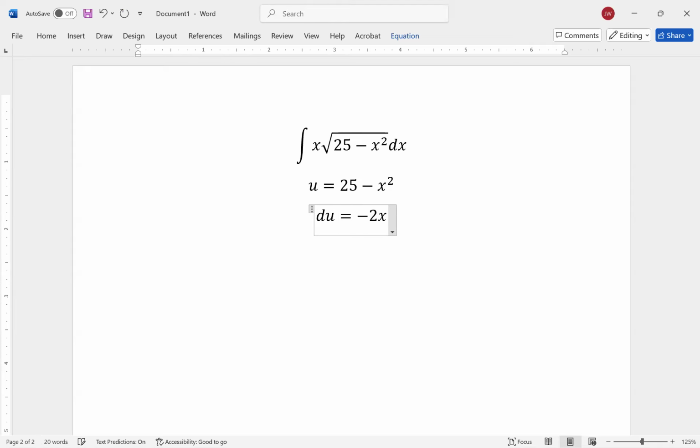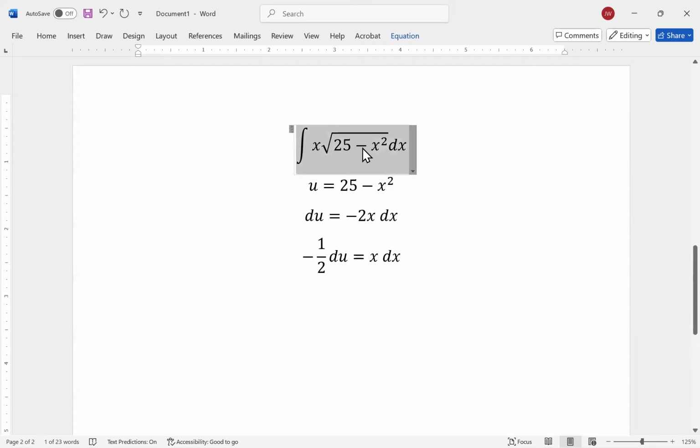I'd get du is equal to negative 2x dx as my differential exchange. I have an x dx, so if I divide by negative 2, I would get negative 1/2 du can replace the x times dx. So take my integration.